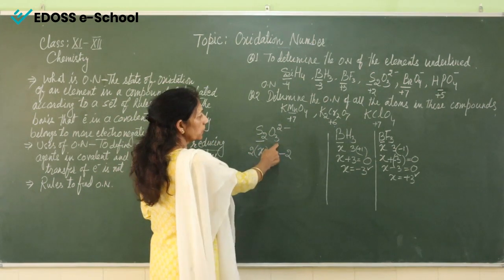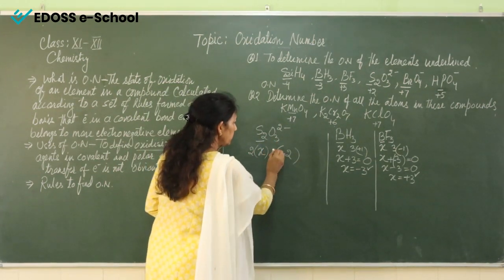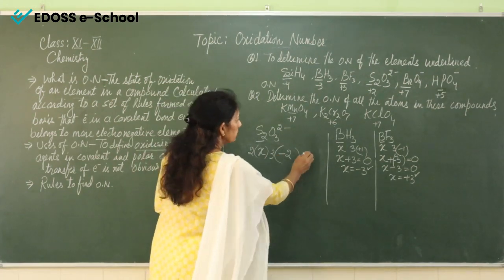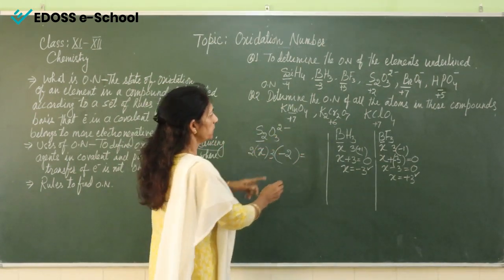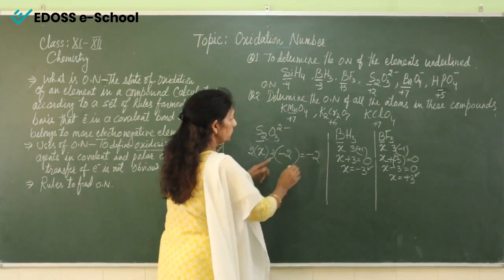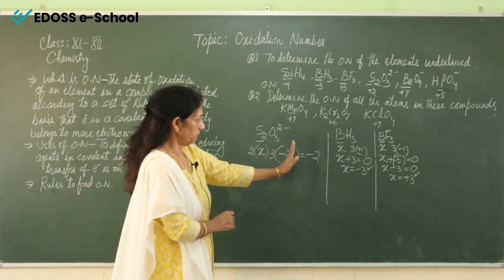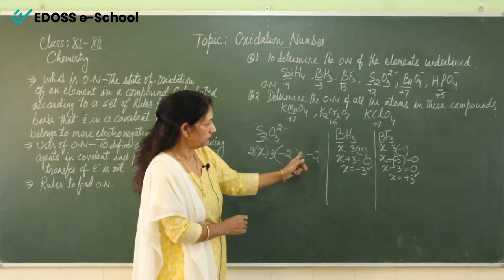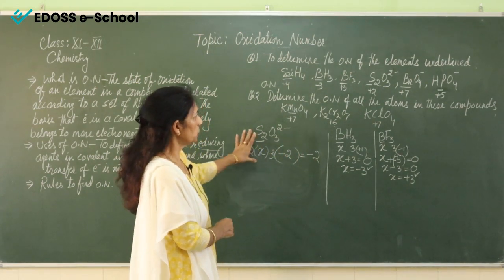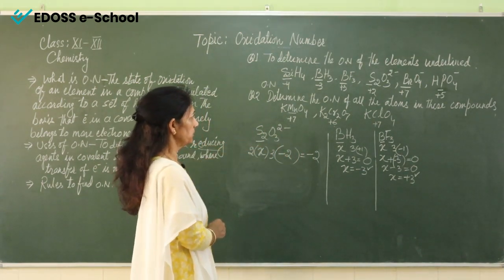So there are a total of 3 atoms, so we will multiply it by 3. And the sum of these two must be equal to minus 2, this charge. Okay, instead of doing as we were doing earlier, this charge should be equal to the sum of the oxidation numbers of these two elements.